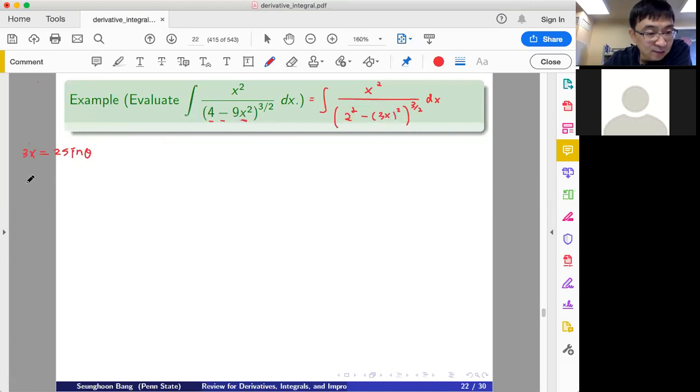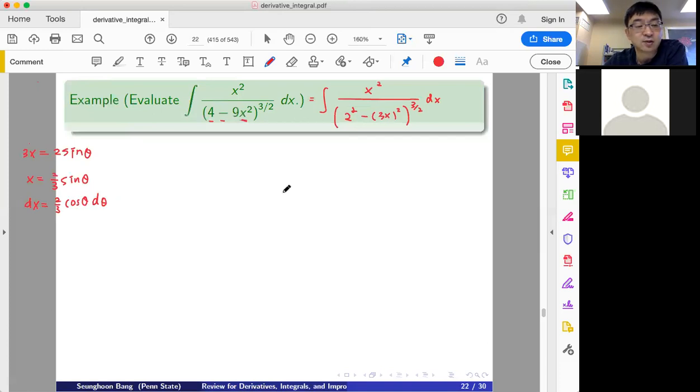What's x? x equals 2/3 sine theta. You can find dx. What's dx? dx is the derivative of 2/3 sine theta, which is 2/3 cosine theta d theta.